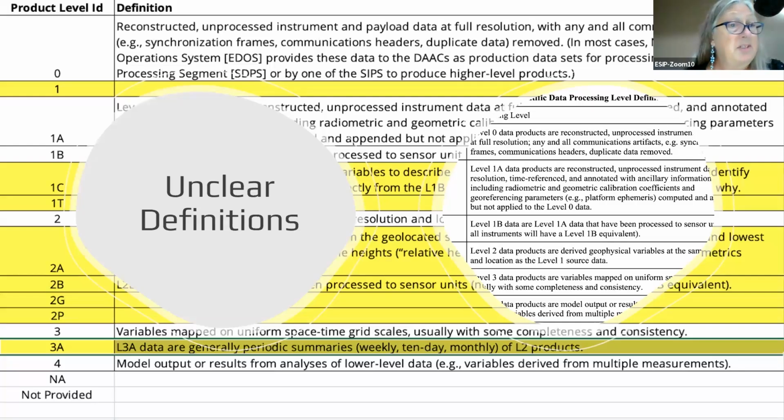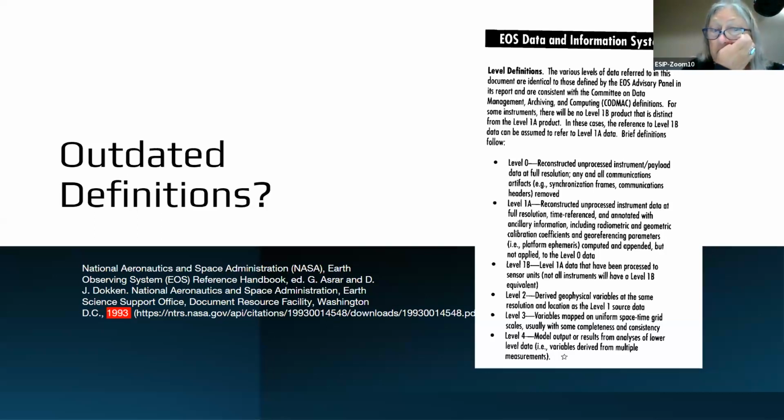Some of the definitions may be unclear to people, right? The more we've looked at these, the more we've agreed that at the very least we need to review the definitions and possibly clarify them a little bit. The definitions are old, guys. This is from a 1993 Earth Observing System Reference Handbook.